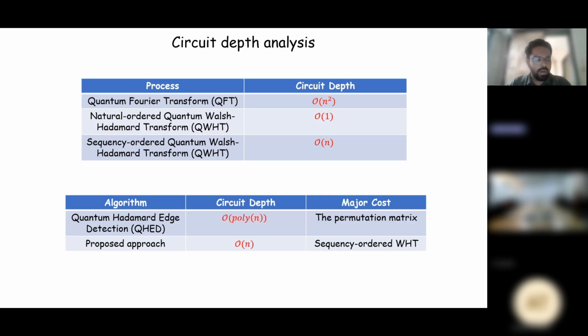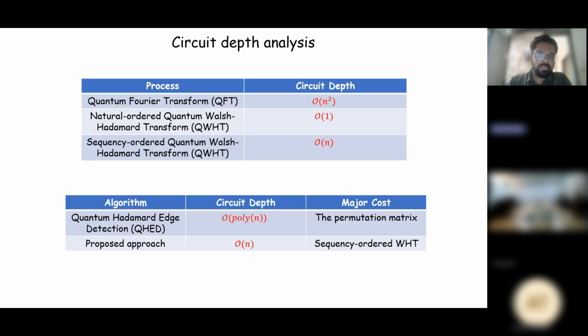In our algorithm, the major cost is just the sequency order Walsh-Hadamard transform, and even there the major cost is just the reordering of the basis functions. This reordering is done in order n, so that's the only major cost which we see in our algorithm rather than the other parts.